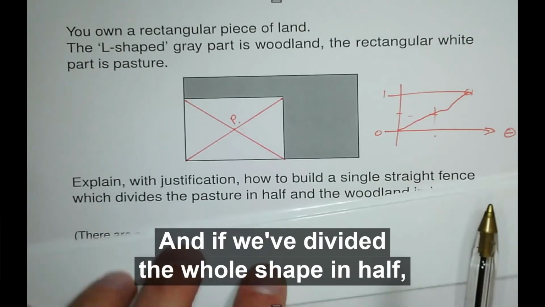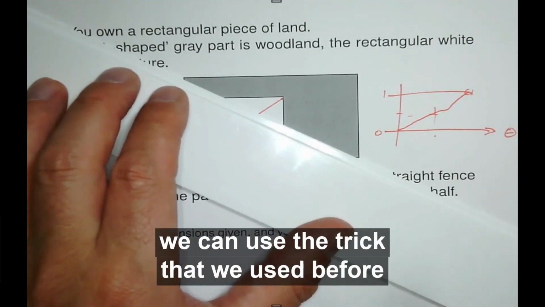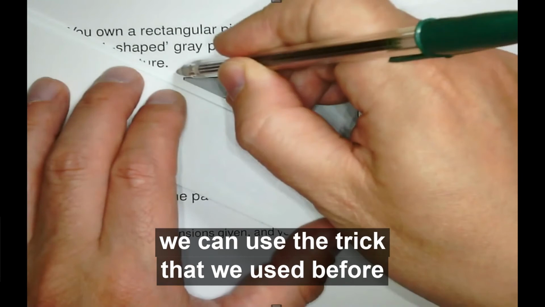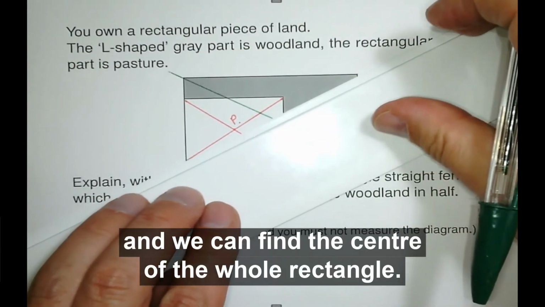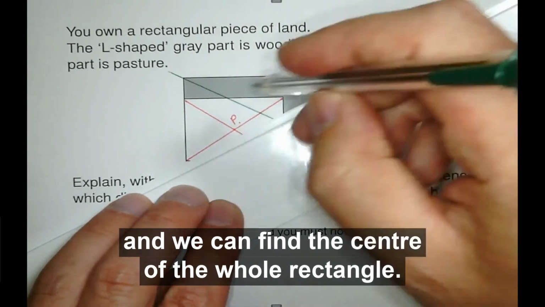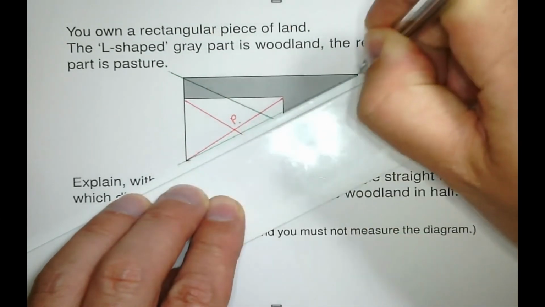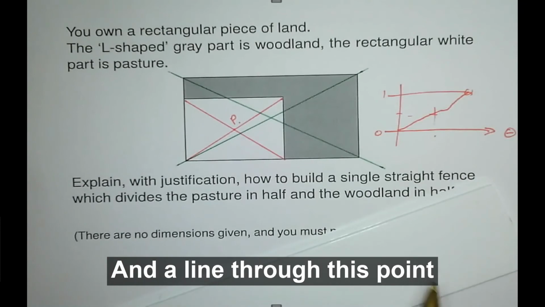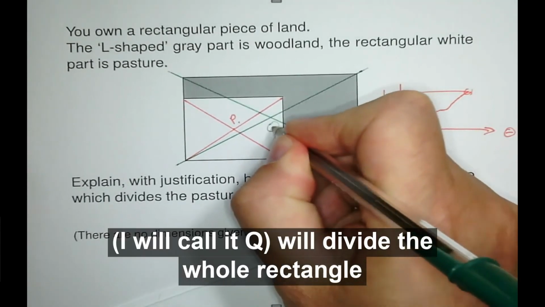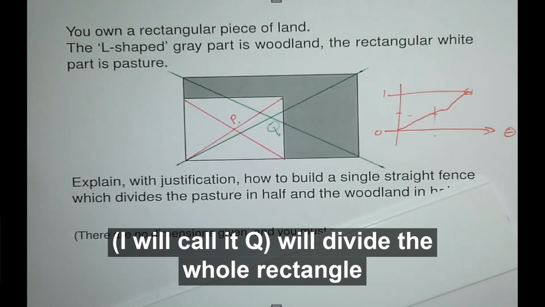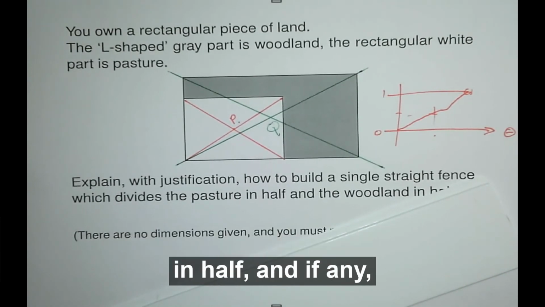And if we've divided the whole shape in half, we can use the trick that we used before, and we can find the centre of the whole rectangle. And a line through this point, I'll call it Q, will divide the whole rectangle in half.